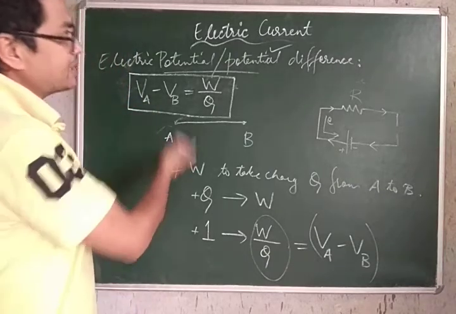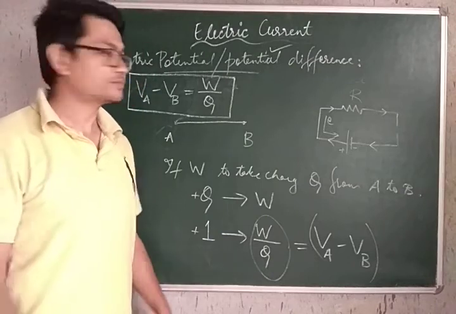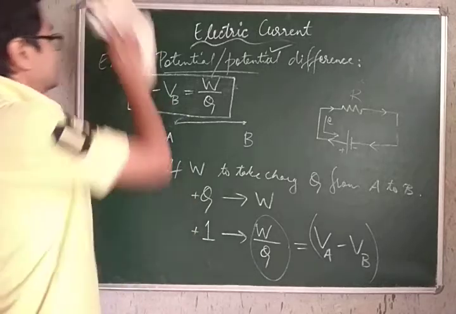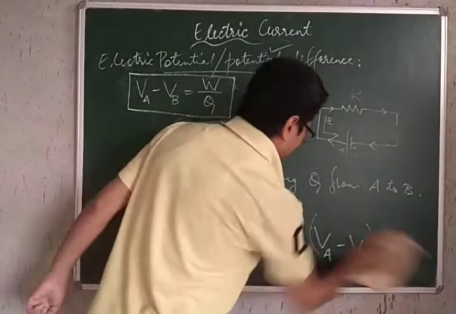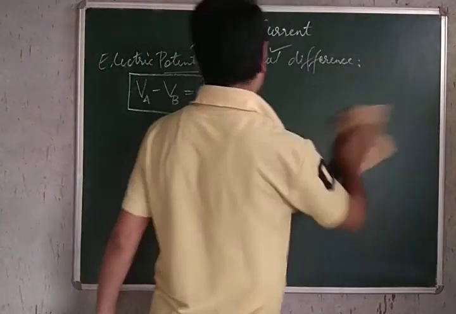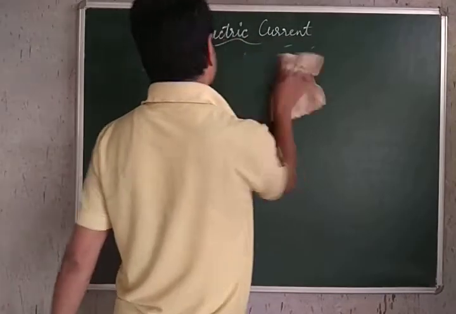Because time and again in this particular topic we are going to talk about potential difference, which basically is work done, remember. So let me erase this also. This is about electric potential or potential difference, so to say.